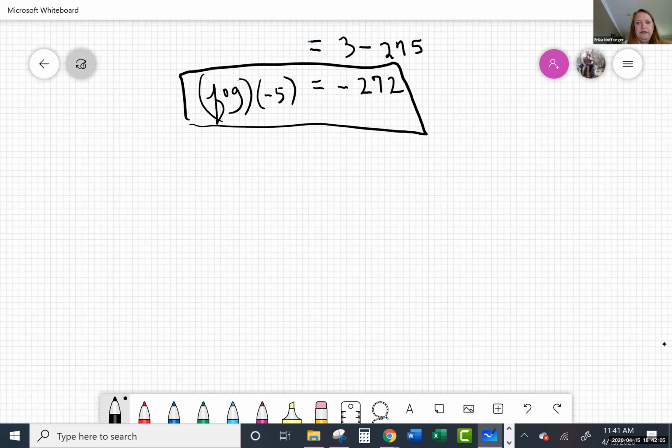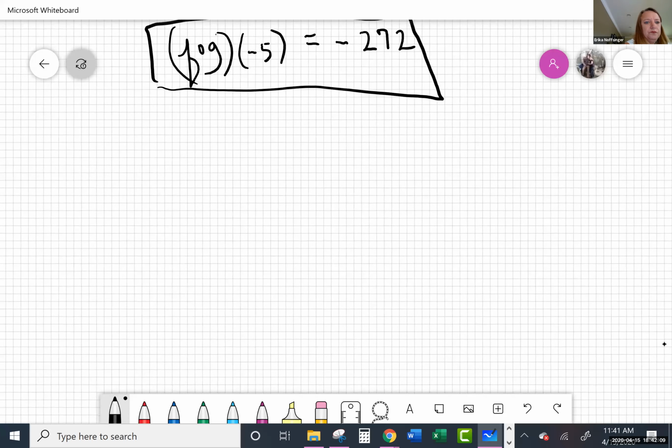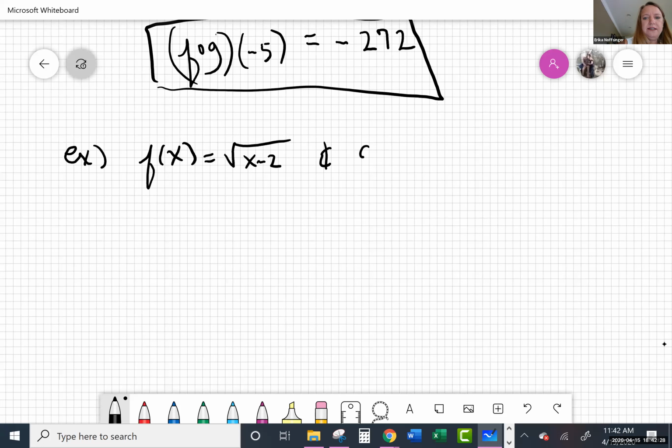Okay, let's get a different example. Let's say we had f of x is equal to the square root, and underneath the square root is x minus 2, and g of x we're given is equal to 3x minus 1.